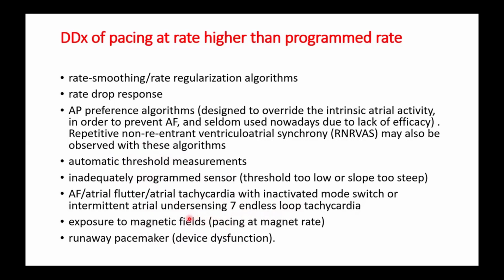Very rarely, there is a dysfunction called a runaway pacemaker, which is some sort of dysfunction in the circuit, which may lead to pacing at a very high rate, ventricular tachycardia, or it may be of very low amplitude that causes asystole.